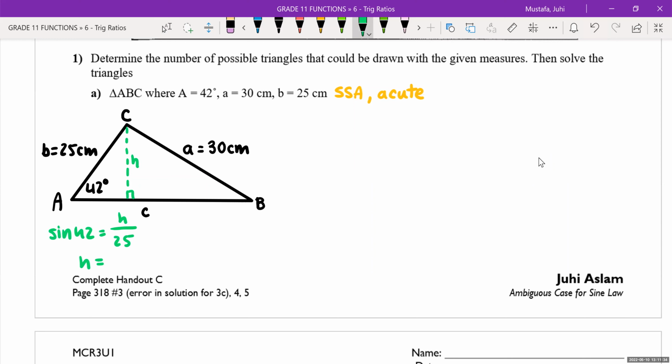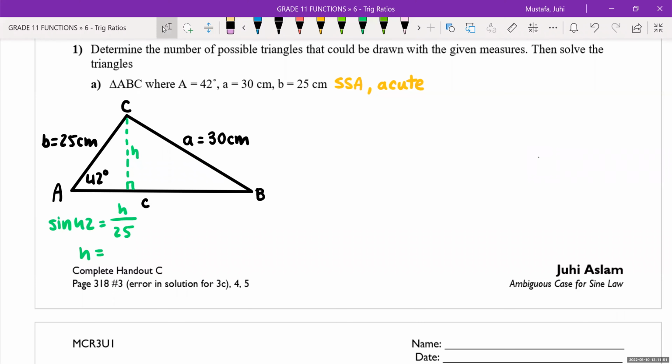And then H is going to be equal to, we need our calculators, make sure they're in degree mode. So sine 42 times 25. Because this isn't our final answer, I'm not going to round it because I just want to try to be accurate. So maybe I'll just keep 3 decimal places.